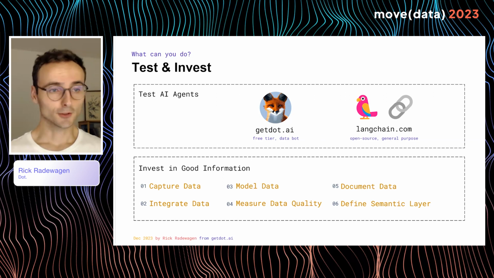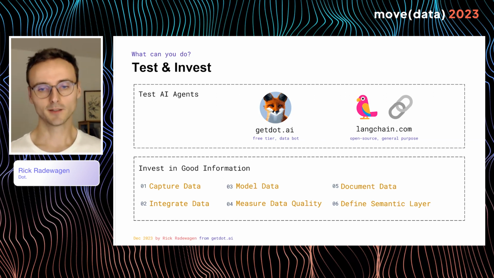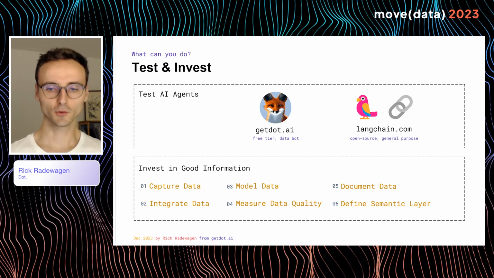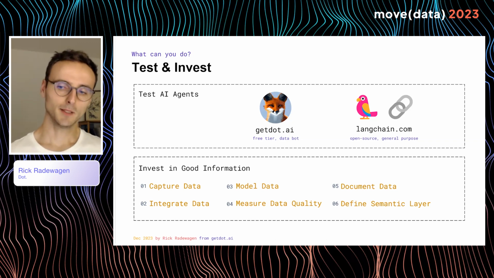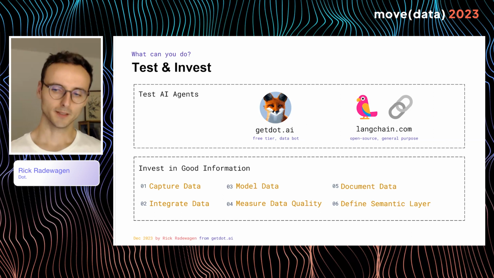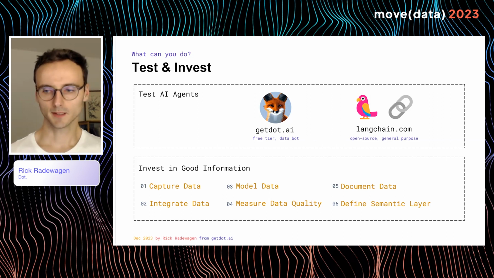Model your data, so it's not just the raw data, but there's some intelligence on top of it already integrated that makes it easier to consume. Measure if it's of good quality. Document what it means, how it relates to your business, and maybe even implement a technical semantic layer. The semantic layer can to a certain extent live in your documentation, but there's also a place for a technical semantic layer, for example, for your most important business KPIs.